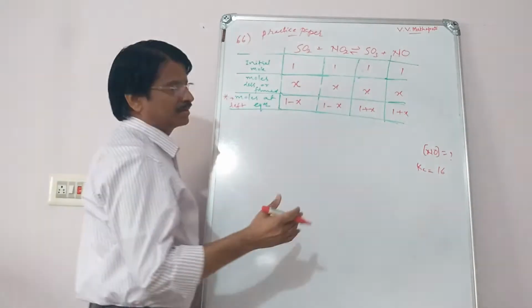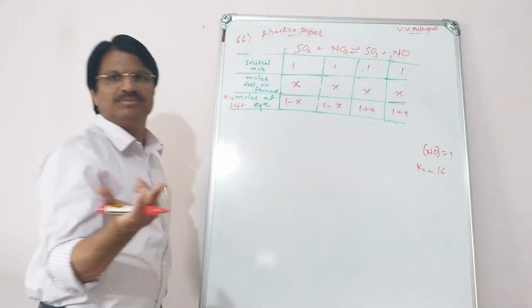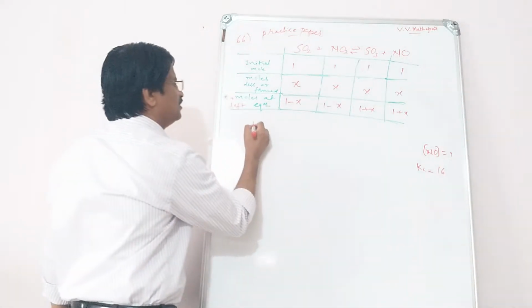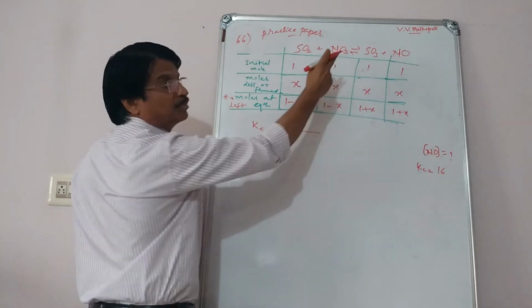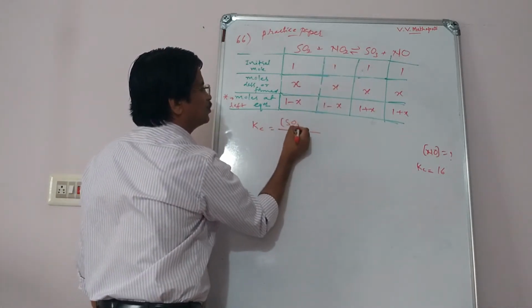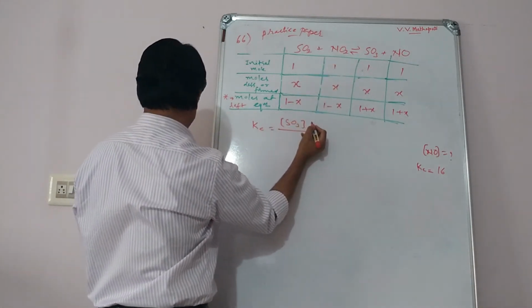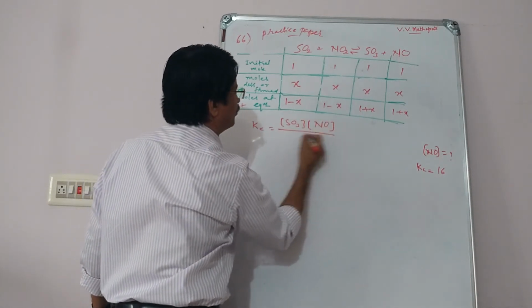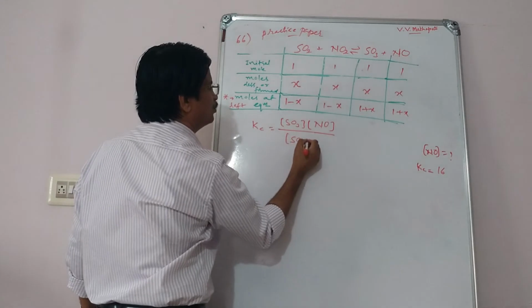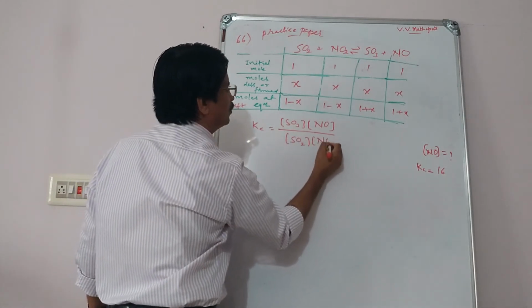Next, write Kc, because they give the Kc value. Therefore the Kc formula: Kc equals the product, SO3 into NO, by SO2 into NO2.